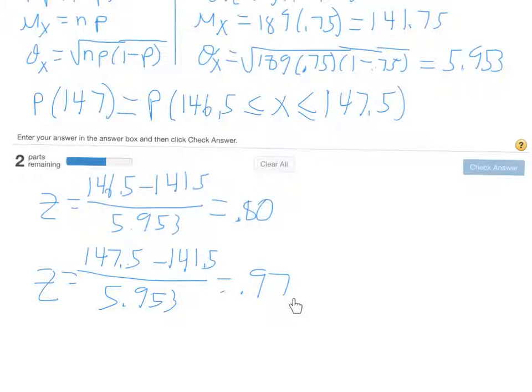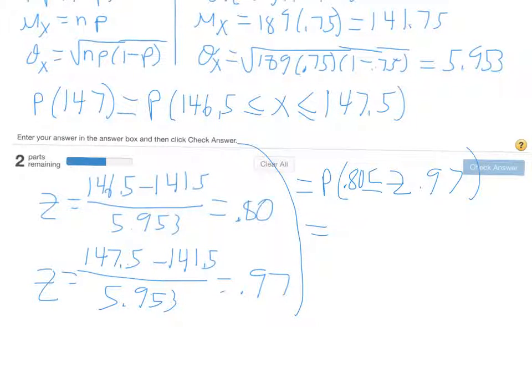That's 0.97. So this probability, if I translate that into z-scores, would be the probability that the z-score is between 0.80 and 0.97.